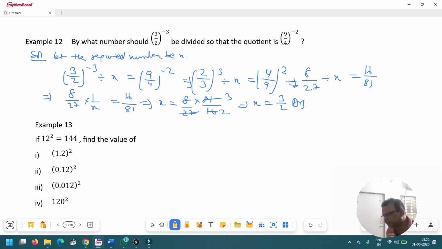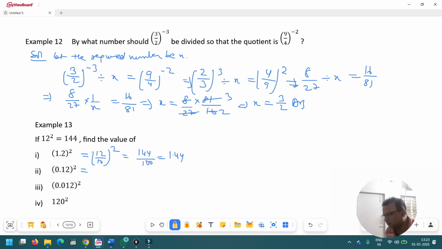Equal to 12 by 10 to the whole square, is equal to 144 by 100 equal to 1.44.